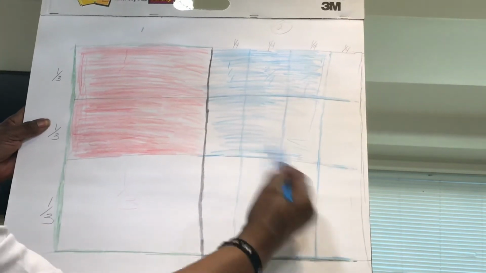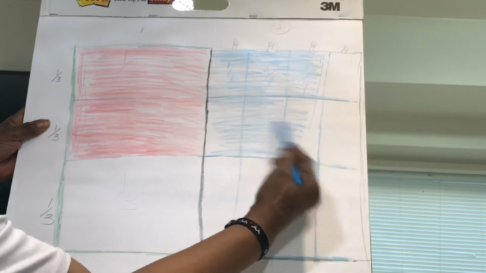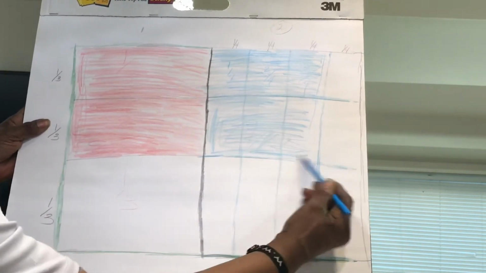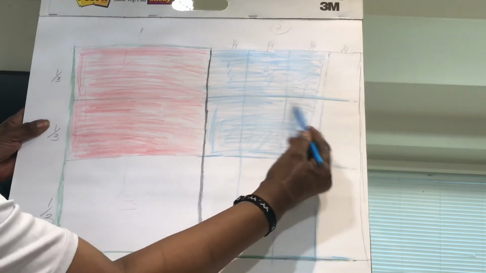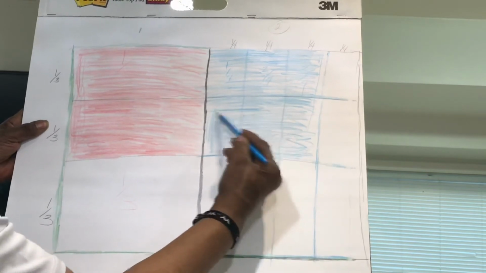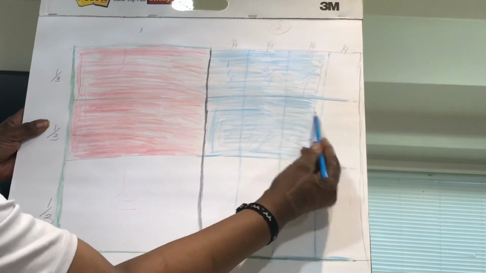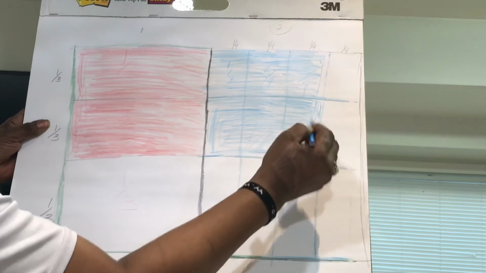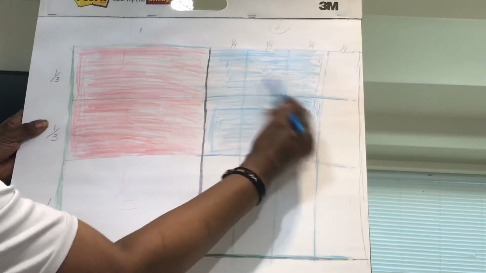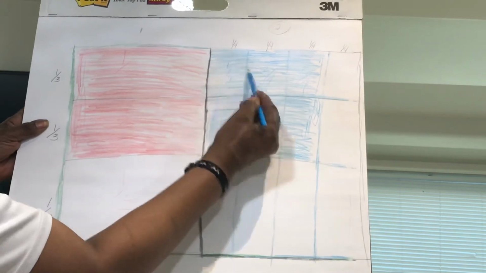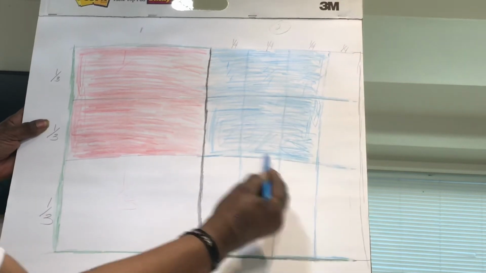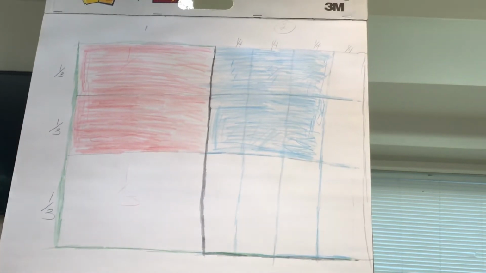So all total, I had 12/4 cups of sugar, and I'm shading in 2/3, or 2 out of 3 of them. If I count now, how many rectangles did I shade in?